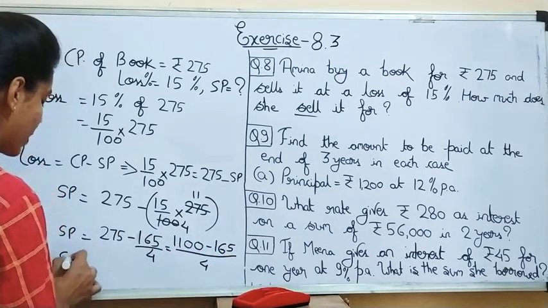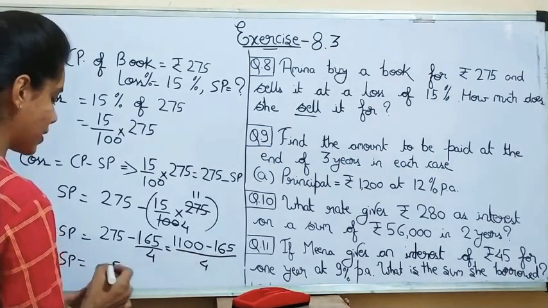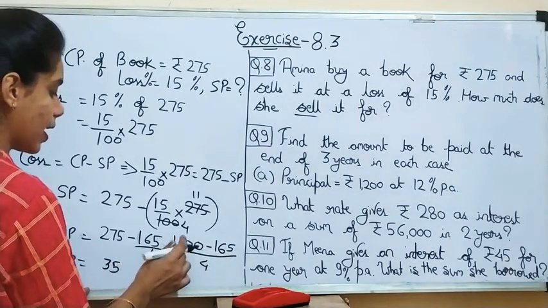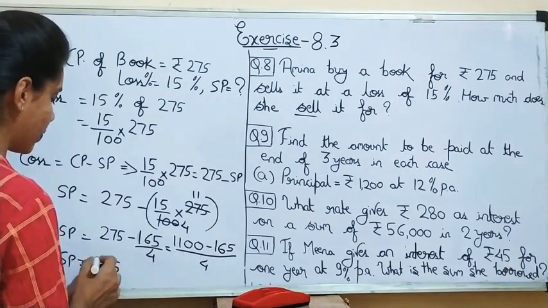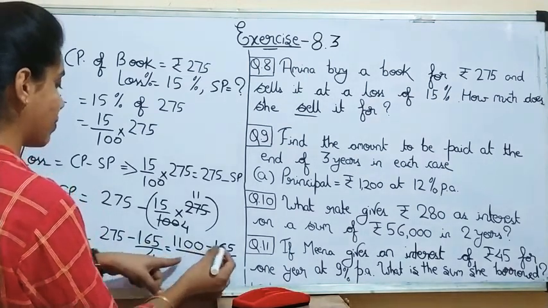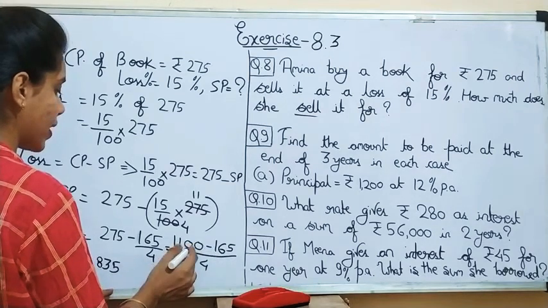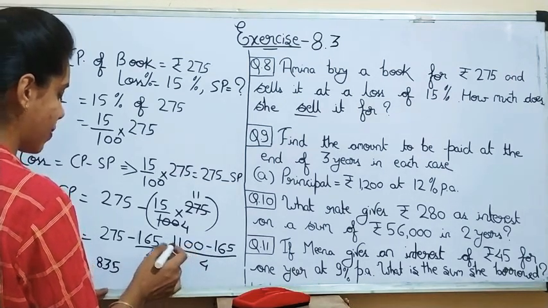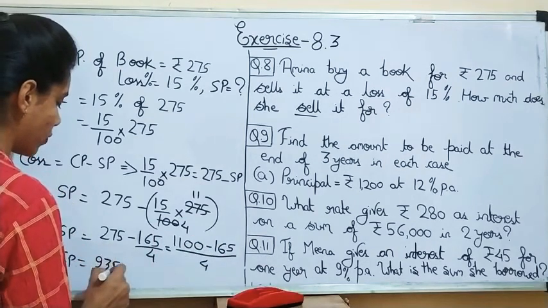Now what will come in SP? 10 minus 5 is 5, 9 minus 6 is 3, 9 minus 1 will come 8. So it is 935 upon 4.